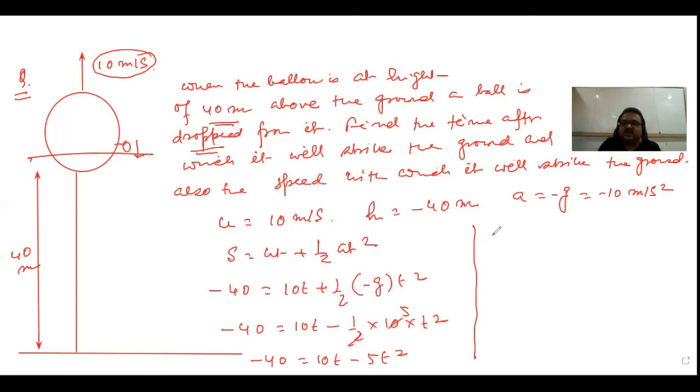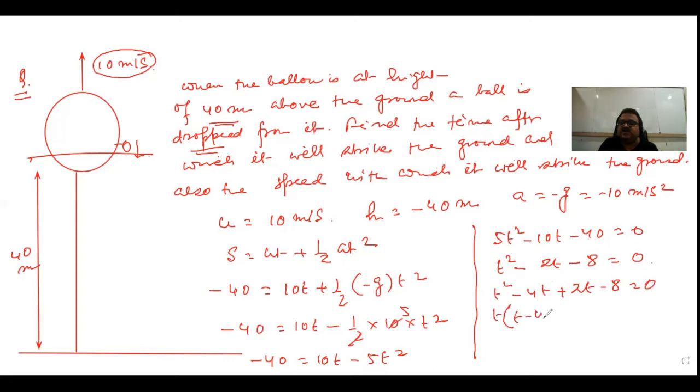So if I take this to the left hand side, 5t square minus 10t minus 40 is equal to 0. Taking 5 common, t square minus 2t minus 8 is equal to 0. Please check the calculation. I think it is correct. Correct? So t square minus 4t plus 2t minus 8 is equal to 0.